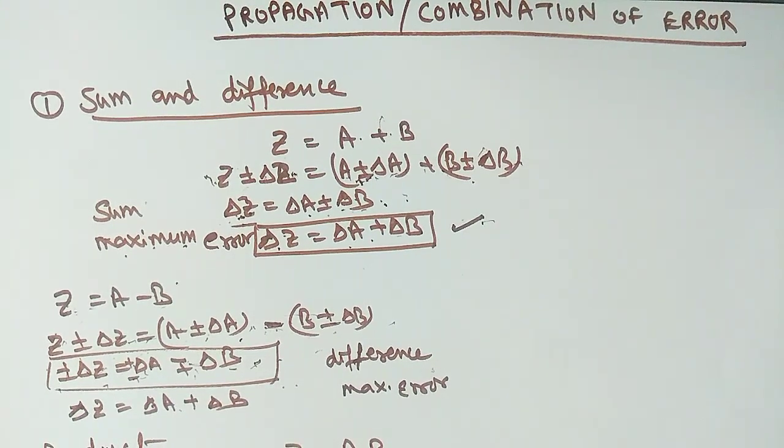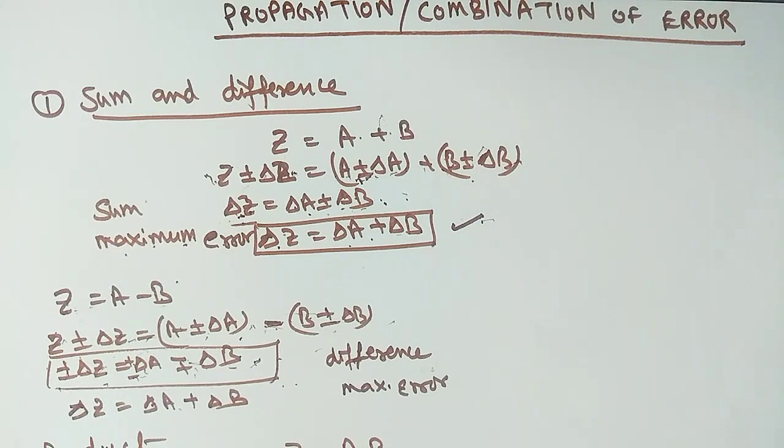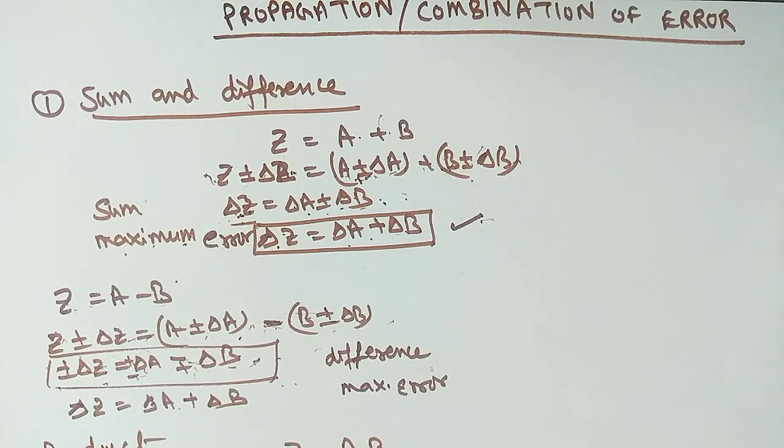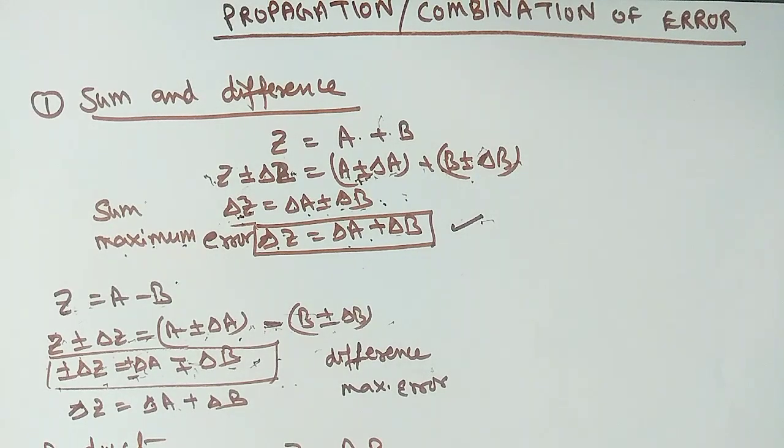If we neglect the product of delta A and delta B, we can write AB plus minus A dot delta B plus minus B dot delta A.